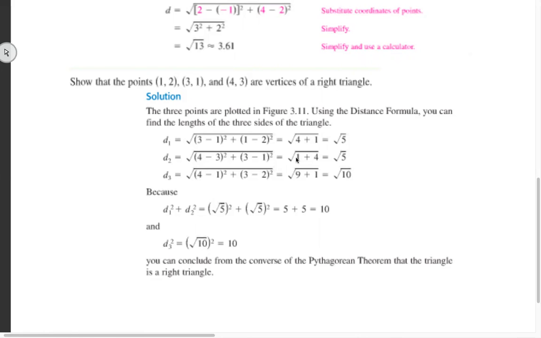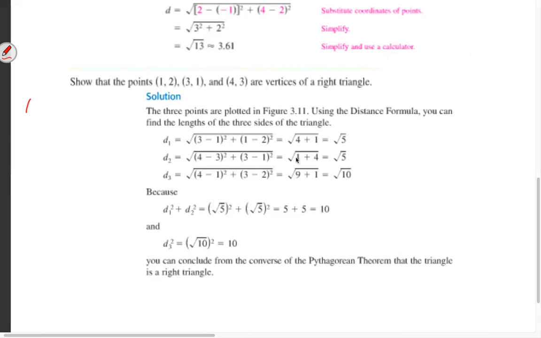Ready for this? Because there's more than one way to do it. My way was to find the slopes. Their way was to find the distance and see if it upheld in the Pythagorean theorem, right? That's what they did. They found the distances, okay, and they put it into a squared plus b squared equals c squared.